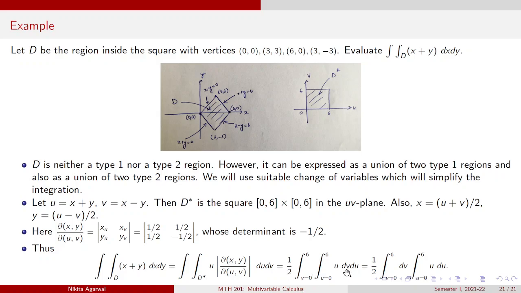So you can think of integrating u over the limits of u and 1 over the limits of v. So that's what I have done here. So convince yourself that this and this are equal. Okay, because we are doing over rectangles and your function does not have any interrelationship between u and v. Okay, so let us stop here.